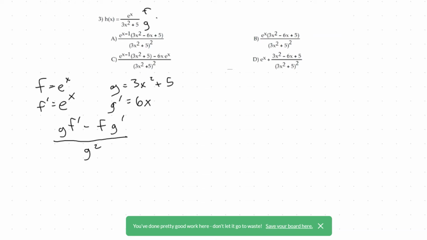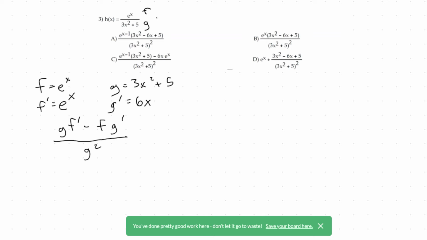Now, in the product rule, it doesn't matter what order you put these in, because they're separated by a plus sign. But in the quotient rule, the numerator has terms separated by a minus sign, so it does matter which one you place first. You need it to be the bottom times the derivative of the top minus the top times the derivative of the bottom.